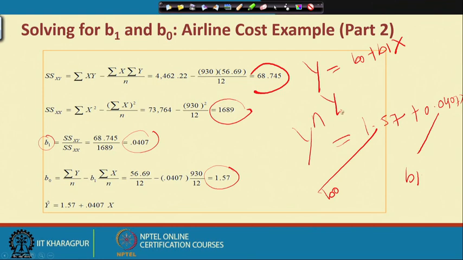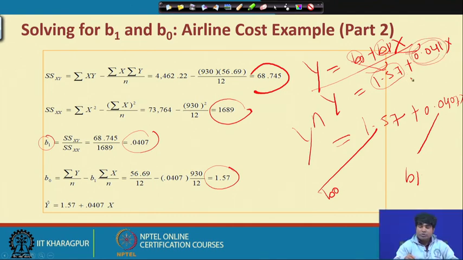Now the model is y equals 1.57 plus 0.041 x. So B0 is this much and B1 is this much. These were unknown parameters, and now they are known parameters, obtained with the help of sample information, the past data, or the problem structure.